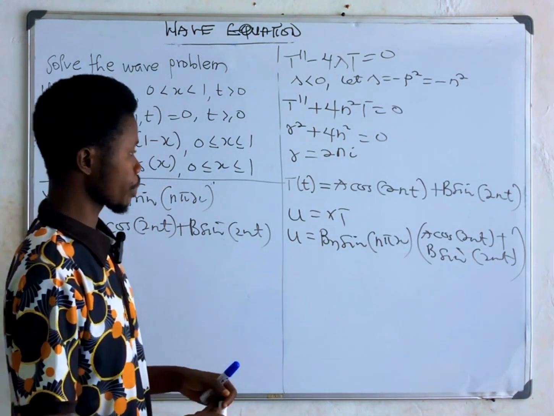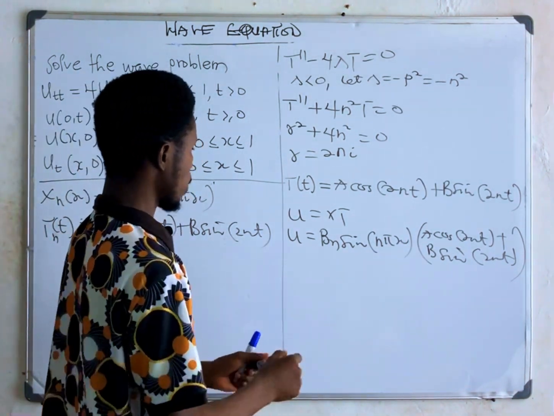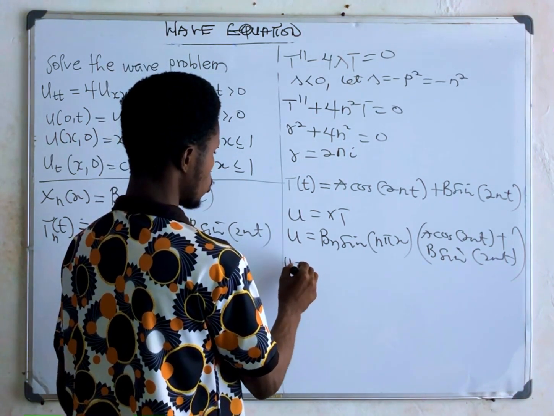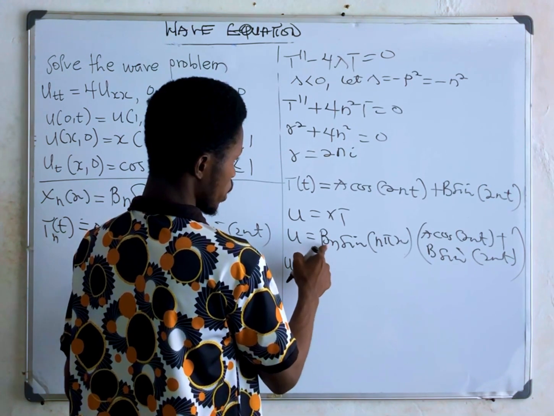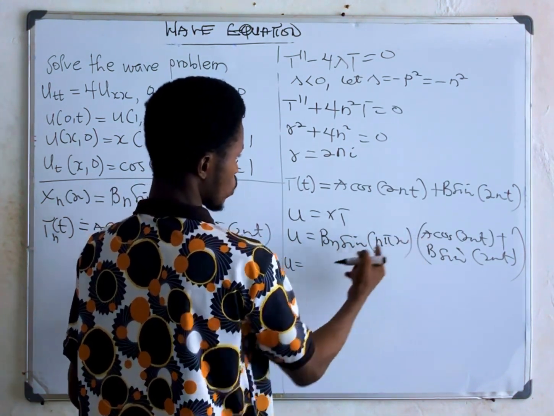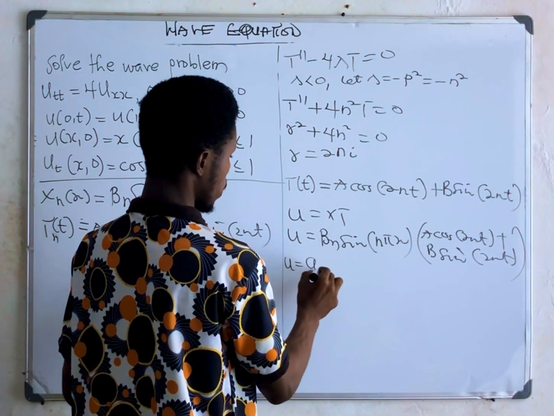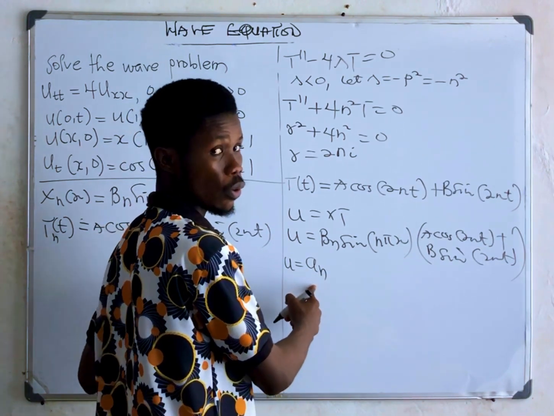So here, if I multiply through, look at what I'm going to have. I'm going to have my u to be, this is B and this is A. They are all constants, okay? So constant means let's represent it by An, just like what we did for the first one.